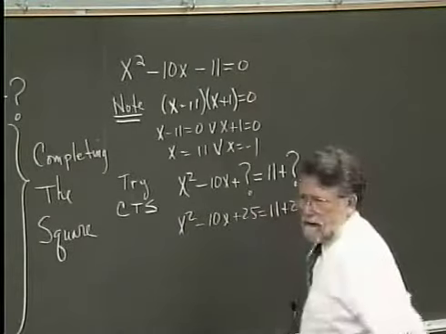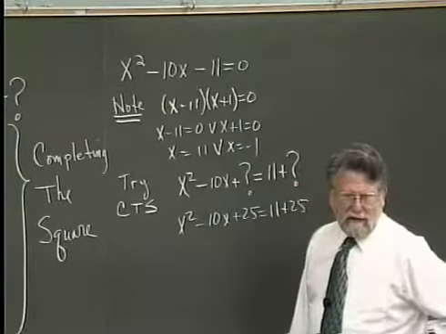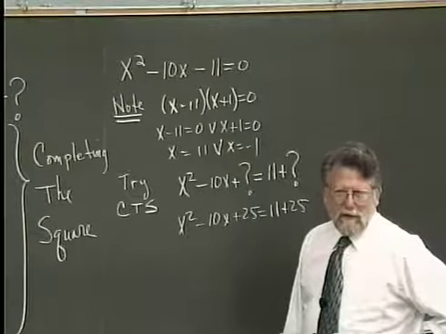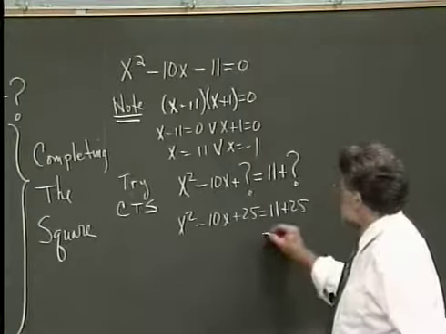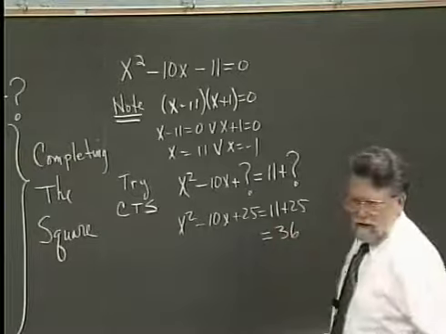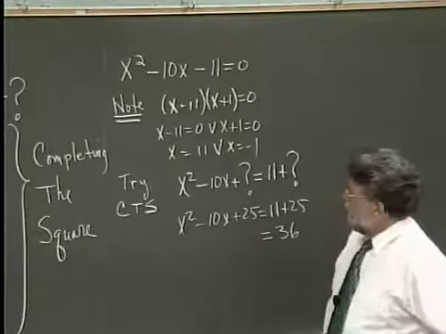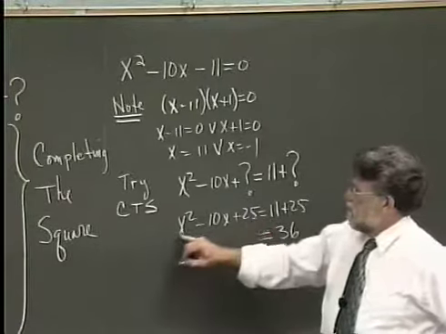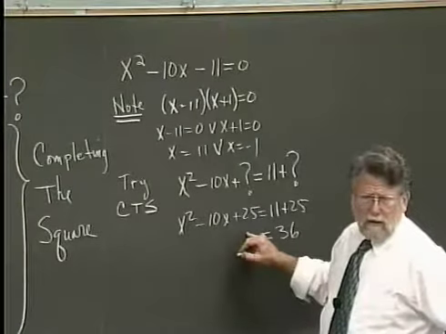Do you see why I took the 11? 36 is a nice perfect square. So I tried to rig this so it would work nicely. Now what am I going to do with the left side? I added the 25, so what was the goal?